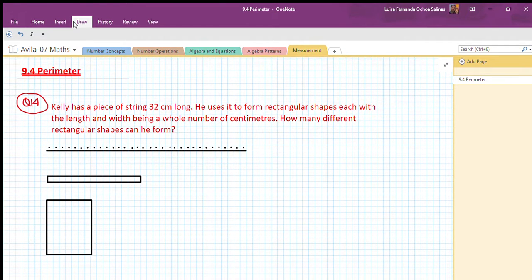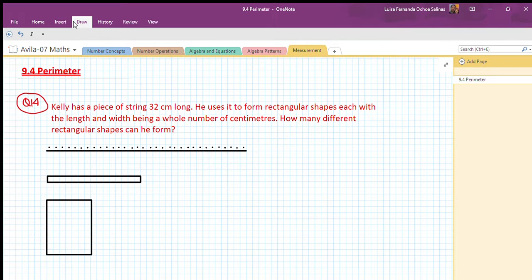Okay, girls, for the unit of measurement, I'm going to use the videos to give you feedback on the questions that you had difficulty with. So, going to chapter 9.4, perimeter. Question 14 was the question that most students had difficulty with.